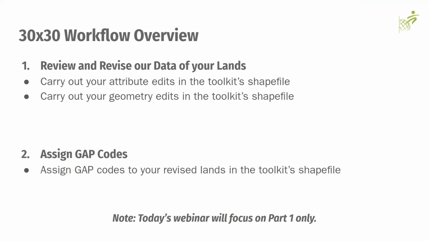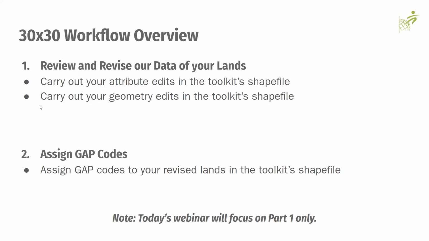And then you can return the toolkit to us along with any other data that you might have that would support all of these edits. And then once we have updated CPAD and CCED on our side, we will let you know to download the toolkit again, at which point you can begin the second stage of this process, which is assigning gap codes to your now revised lands.